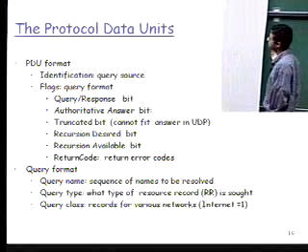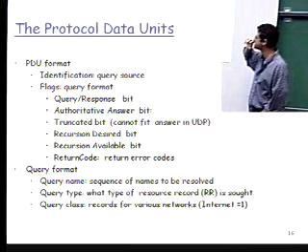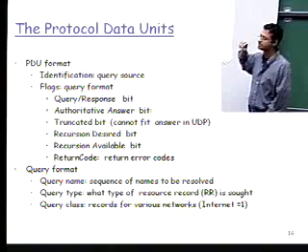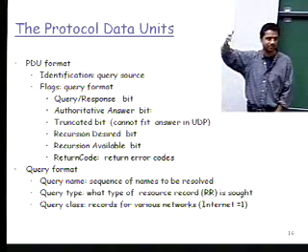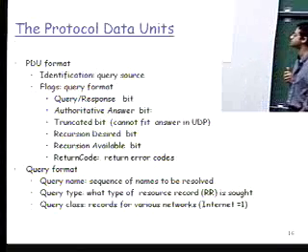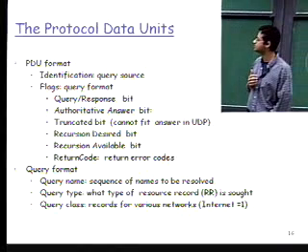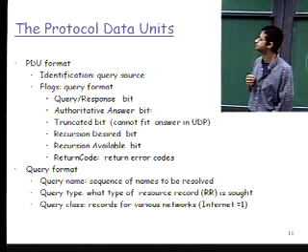If the answer is too long, then you set the truncated bit, which is telling you that one packet won't do. This exchange was happening over UDP, but you cannot fit the answer in UDP, so you should change the transfer protocol to TCP, or do something alternative.